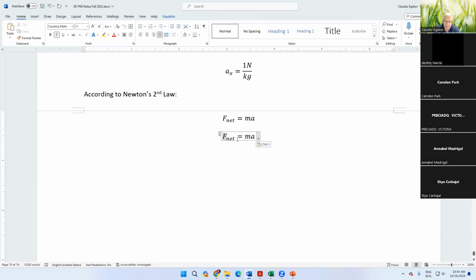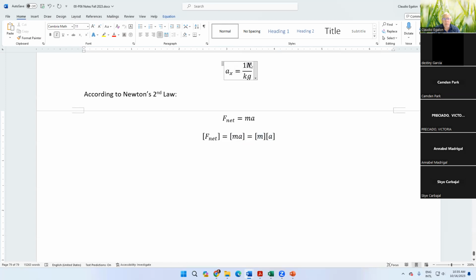We have that the unit of force must be equal to the unit of mass times acceleration, which is equal to the unit of mass times the unit of acceleration, right? Why am I doing that?